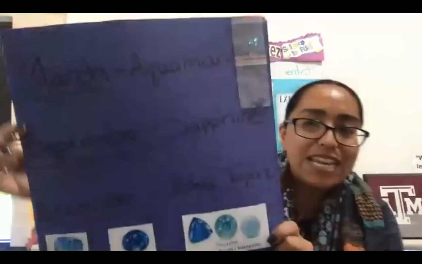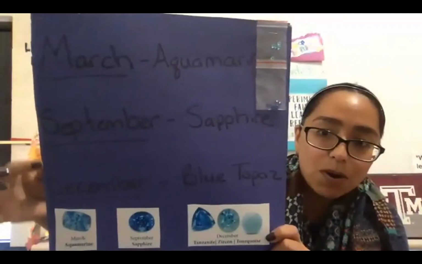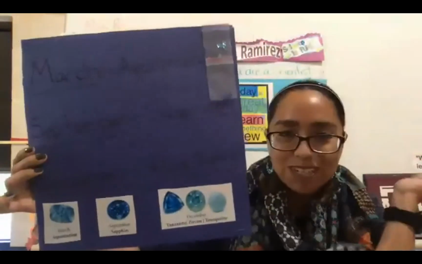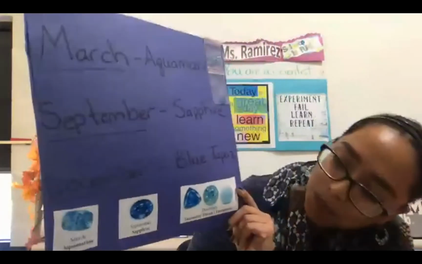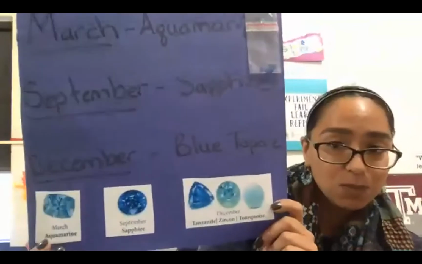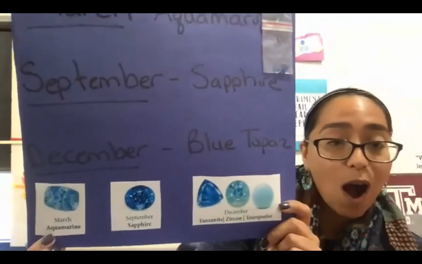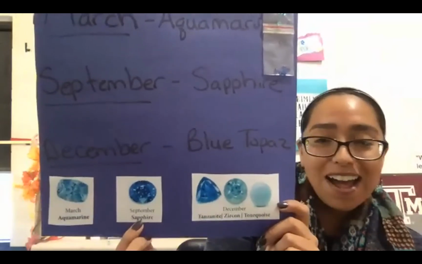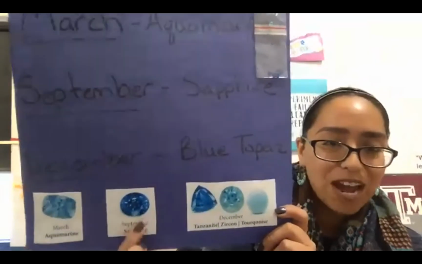And then our last one, if you were born in March, September, or December, go ahead and raise your hand. And happy birthday to you, December folks. If you were born in March, your gemstone is this light blue aquamarine. And if you were born in September, you get the beautiful blue sapphire gem.